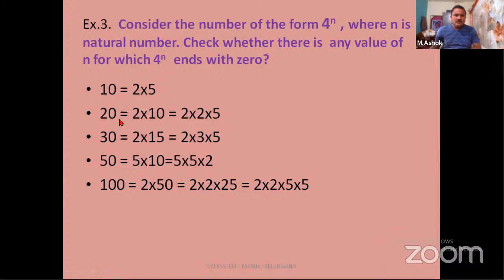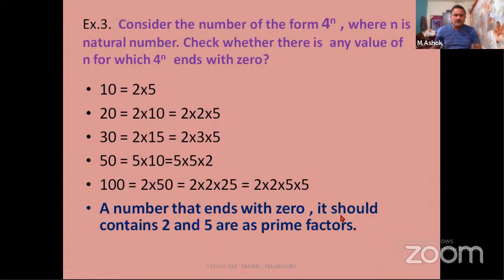By observing all these examples, I have taken all the numbers which end with 0, meaning 0 in the units place. Their prime factorization contains only 2 and 5. That means any number that ends with 0 should contain 2 and 5 in its prime factorization.